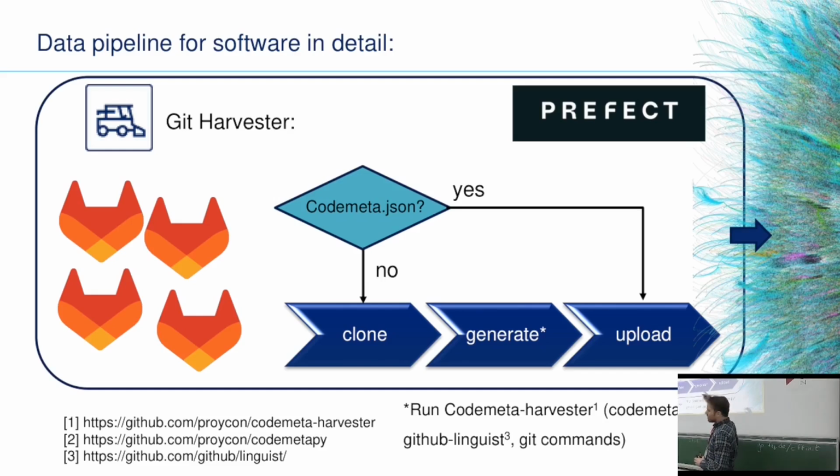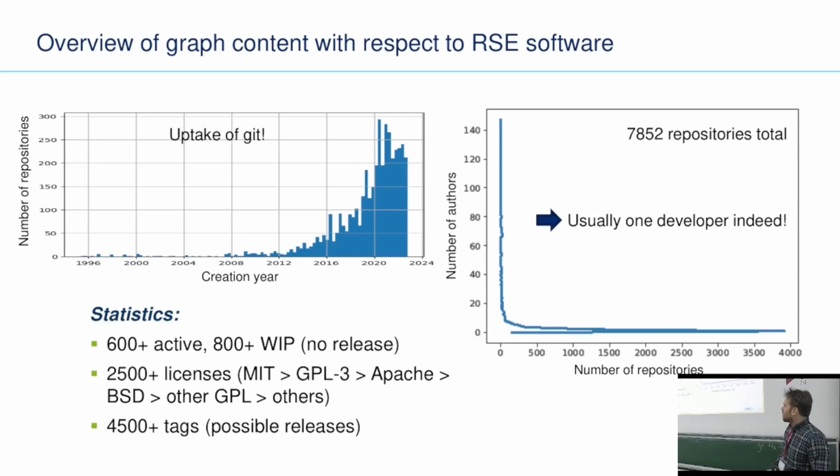And if yes, then we just get this metadata. If no, then we clone the repository. There's some software to generate a codemeta.json file from the information that might be scattered in the repository, and then we upload this into the graph. And in the future we also try to uplift the data, but more on this later.